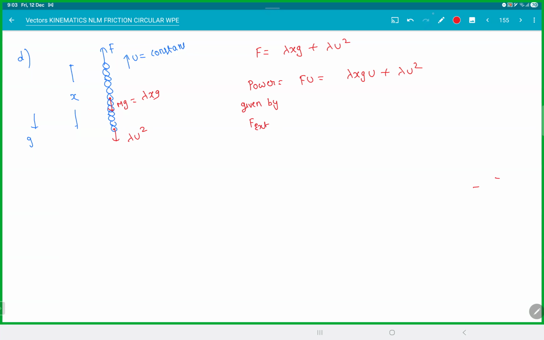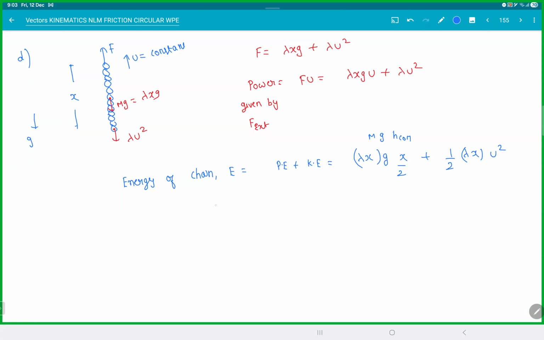But something interesting happens. If you look at the energy of this chain, you have two things, the potential energy plus kinetic energy. For the potential energy, you take the center of mass: lambda x is the mass, g, and x by 2, that is m g h of the center of mass, plus half mv square, which is half lambda x u square.